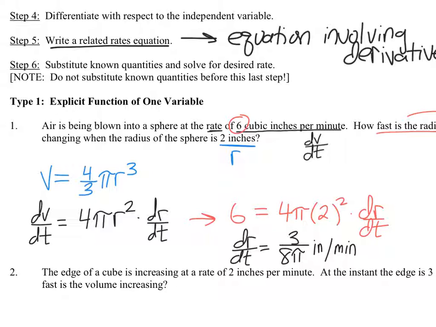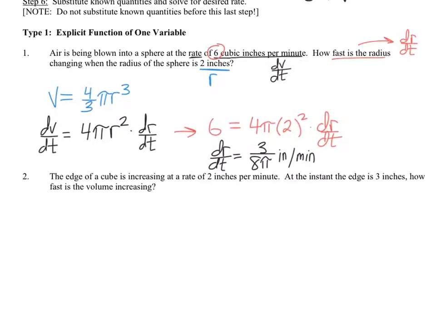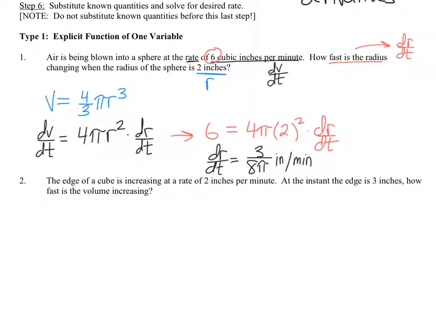I will tell you that the decimal form of this is not going to be any more meaningful to you than the fractional form, because if you can actually relate to what the rate of change of a radius would be in inches per minute, that's something special. I think you'd have to actually conduct an experiment, the balloon experiment, and actually do it somehow correctly in order to really get a sense of what this means.